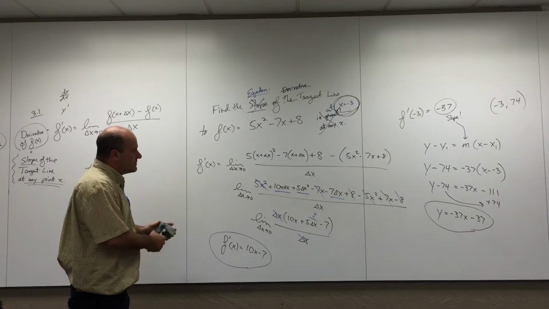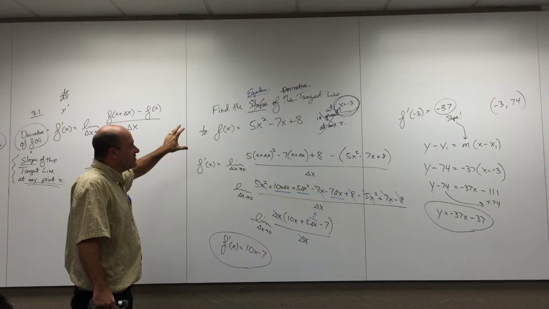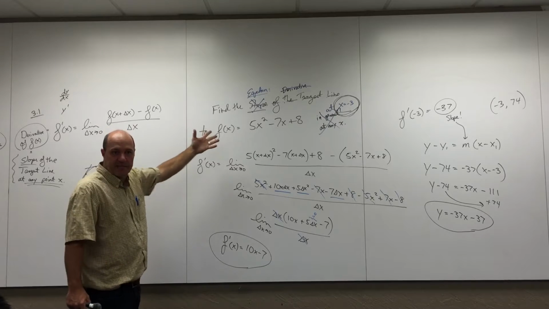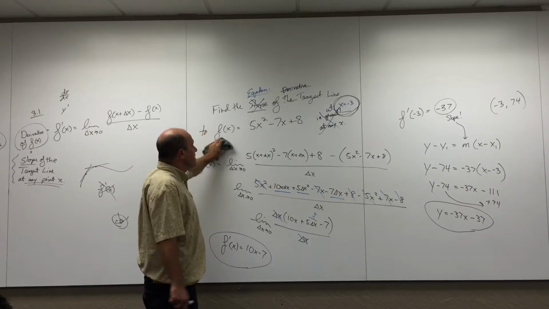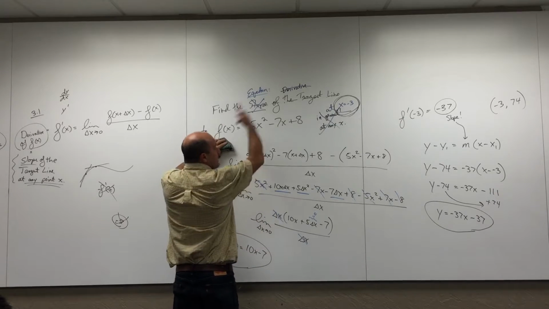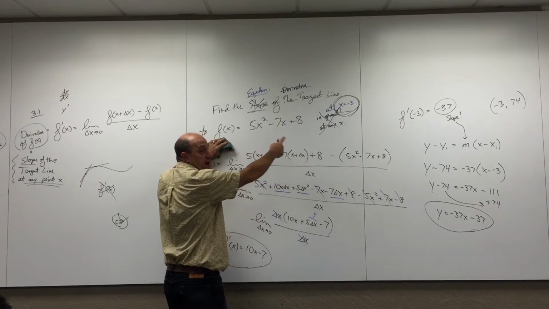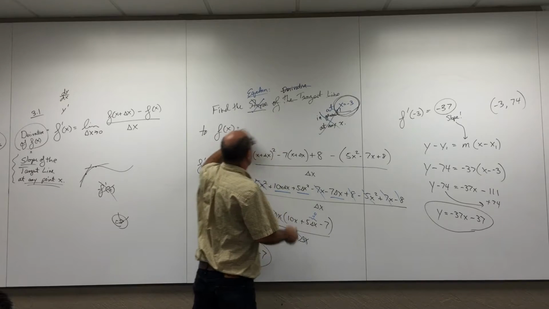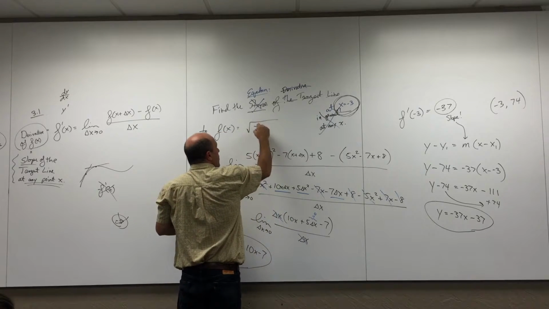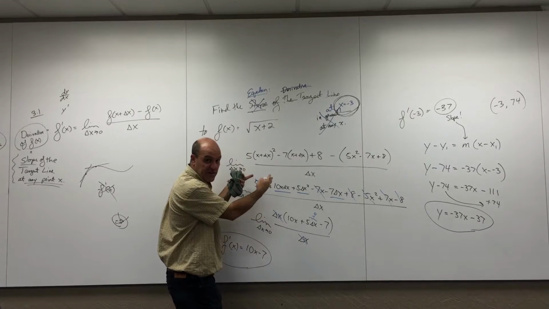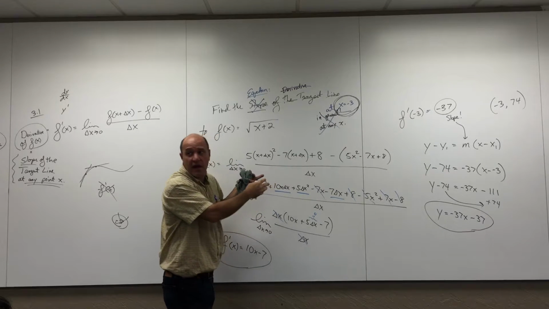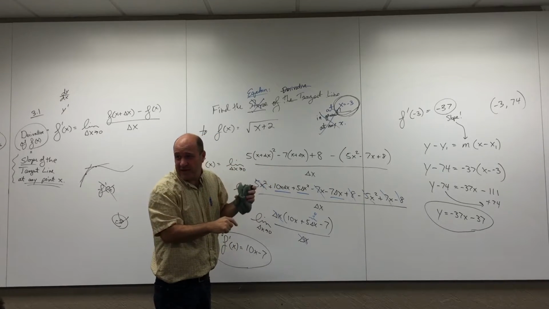But I guess I've sort of done a good job of reviewing the ideas in 3.1. Here's the problem. It gets tougher depending on the function. Here we did this for what we call a nice quadratic function. If you did this for a nasty square root function, this limit would be worse, and you'd have to do the conjugate or something like that.